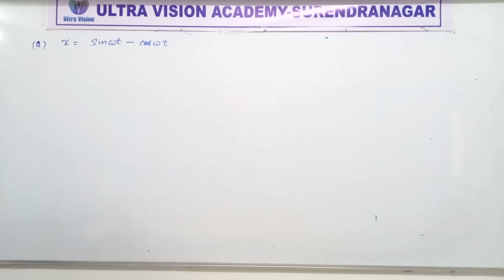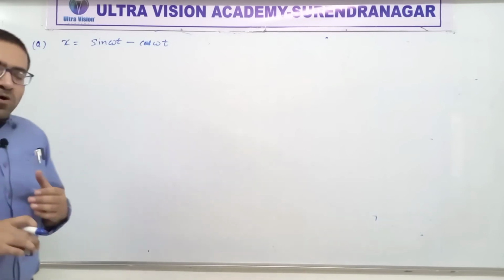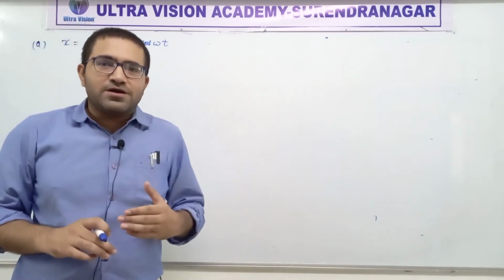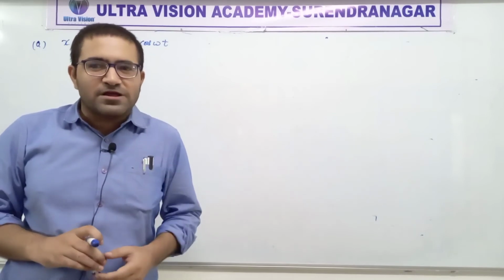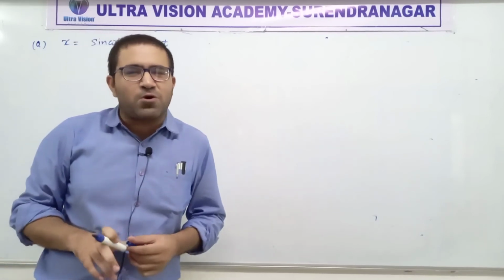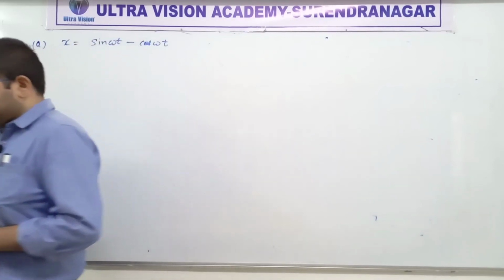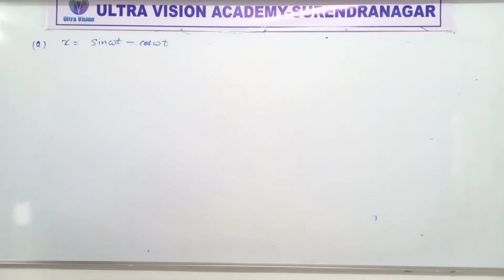Now do you all remember how do we check for SHM? What do we ask for if we want to know if it's SHM or not SHM? How do you check for simple harmonic motion? Yes, very good, right?